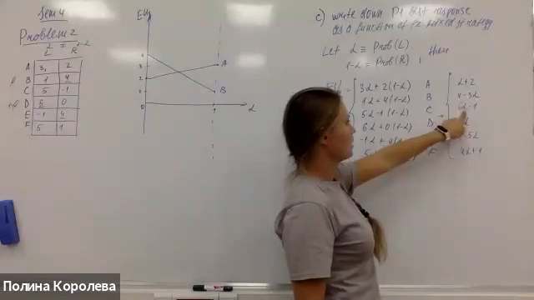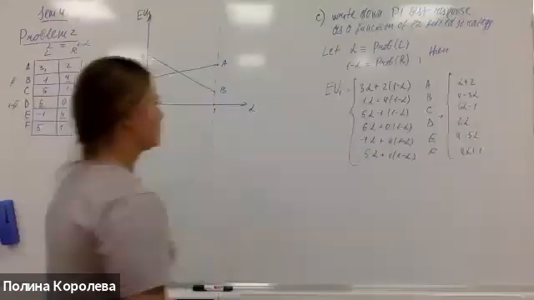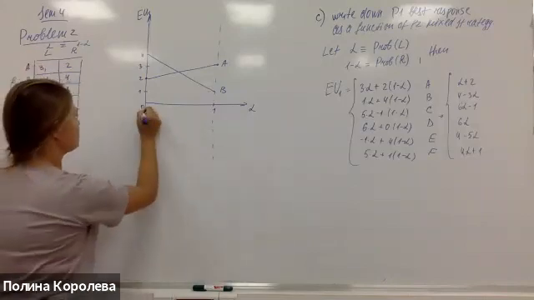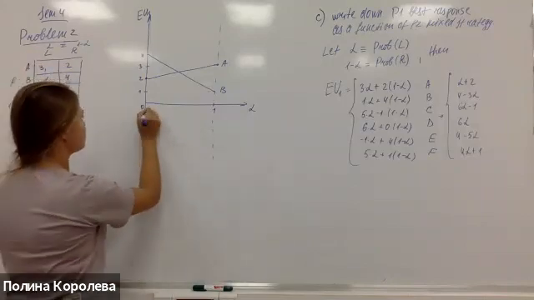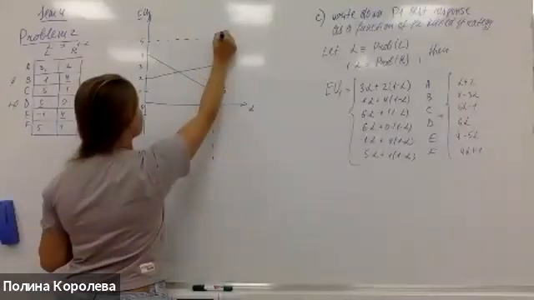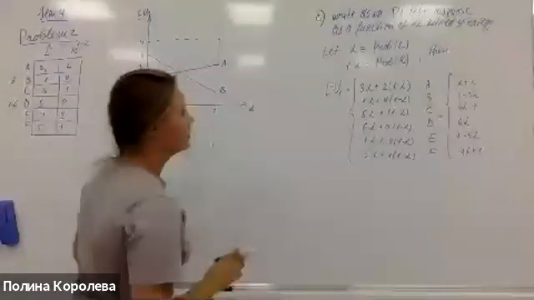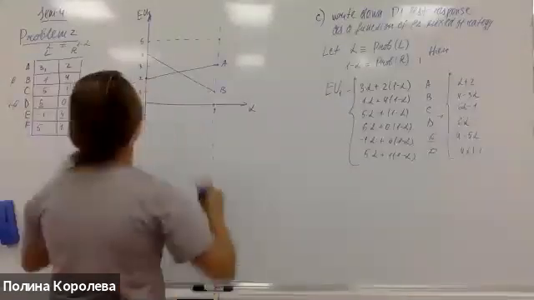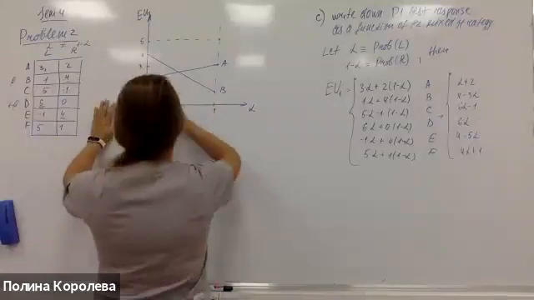If it is equal to 1, it is 5. From minus 1 to 5.